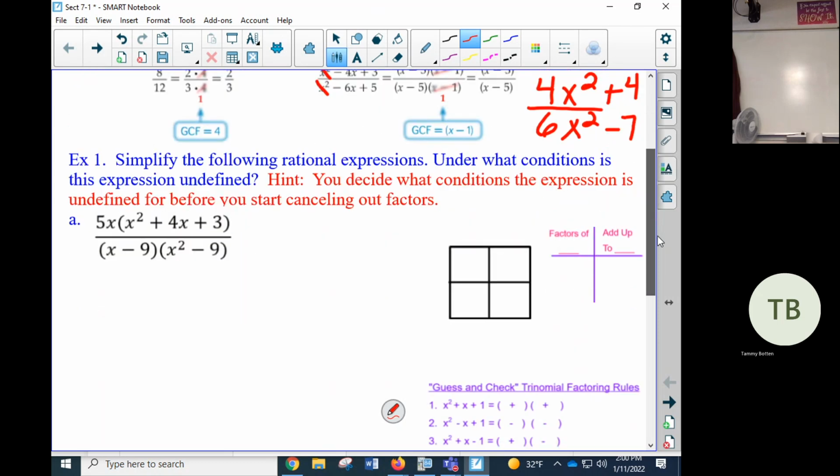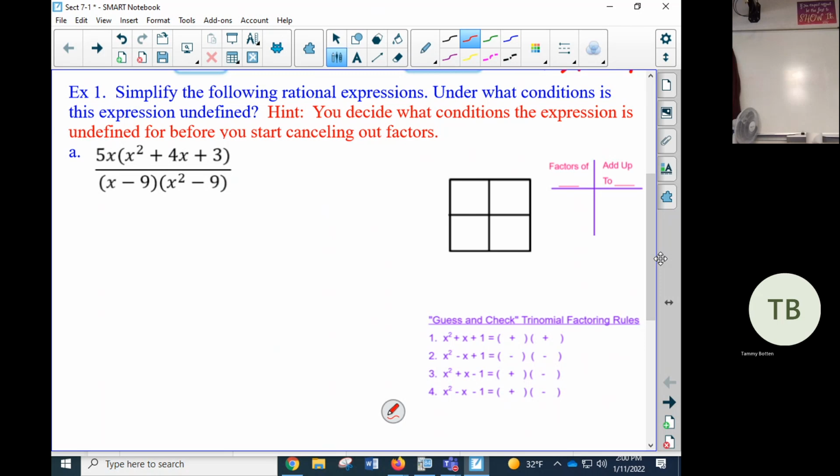Okay? So another thing that's going to happen today for these first couple of problems, don't let me forget to answer this: we have to say, for what conditions is this expression undefined? And I'll talk about that too. So the first thing we're going to try to do is simplify this as much as we can. Factor it as much as we can. That 5x I can't do anything with.